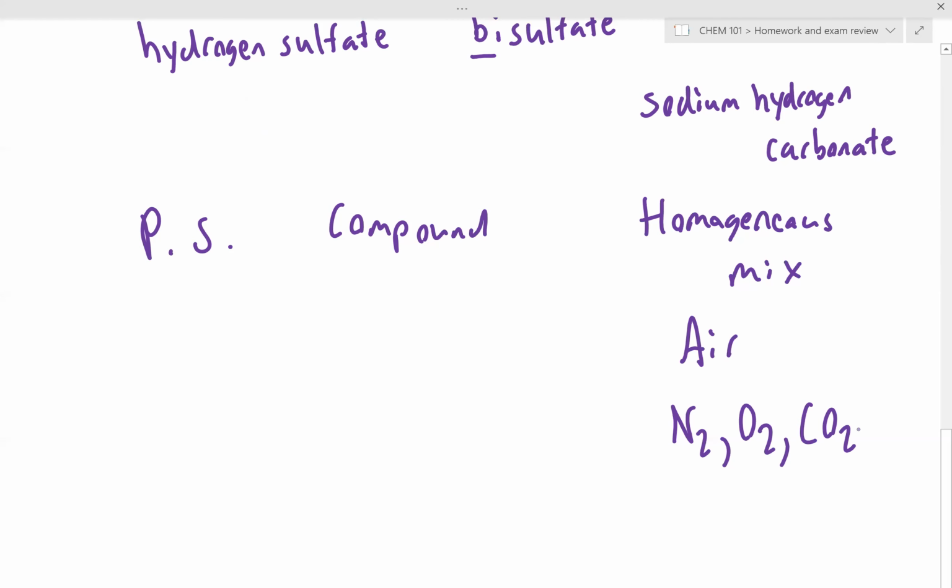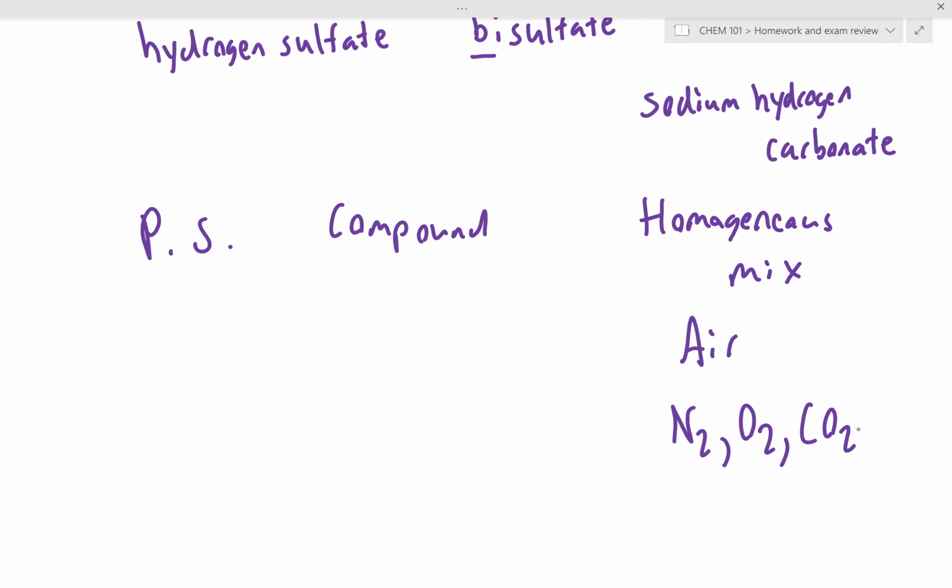Now, as we can see, air, do we notice any separations, any phase boundaries, any inconsistencies in the composition of air throughout the room? No. So we can't distinguish between all of these pure substances found in the mixture. We can't physically see a separation in terms of chemical composition.